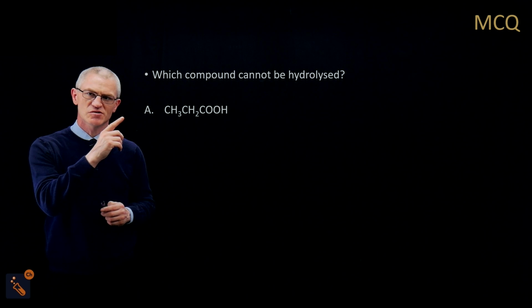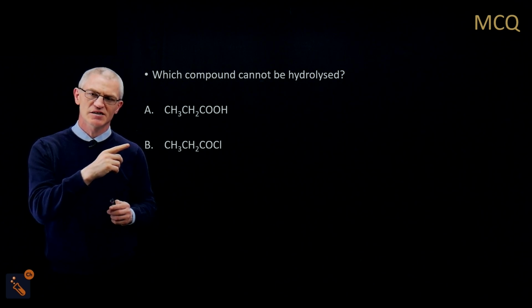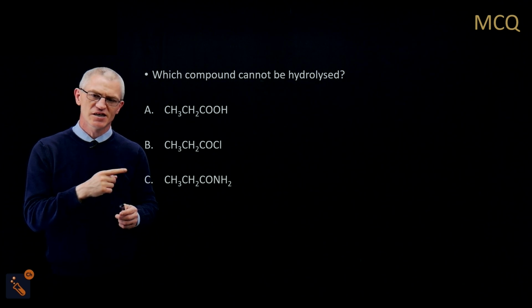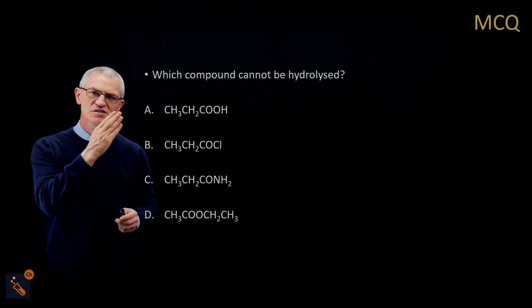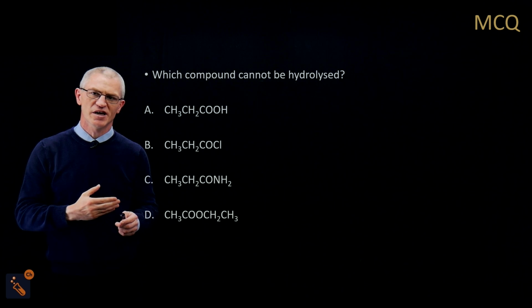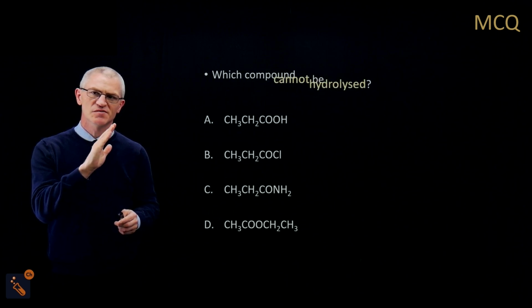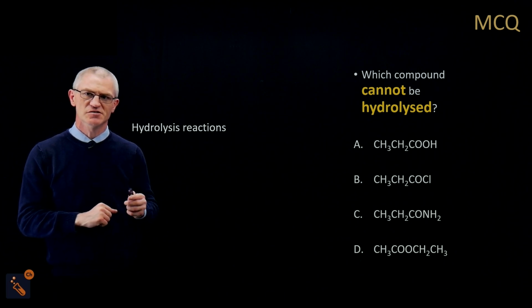So we've got our options. Our options are a carboxylic acid, then we're going to go to an acyl chloride, then to an amide, and then to an ester. And think to yourself, which one of those can you add water to, or OH- to, and it will react. So let's move this over the other side. Let's remind ourselves of those hydrolysis reactions so we can answer the question.